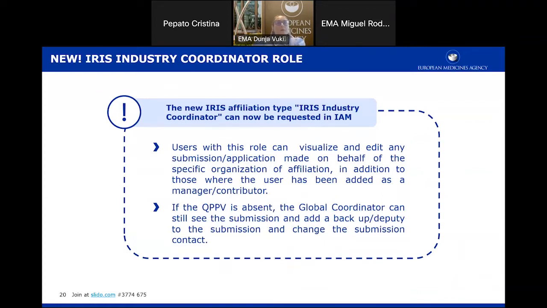If you have a new inspection, the QPPB will see the information, but also the IRIS Industry Coordinator will see this submission. So if the QPPB is absent, this coordinator can then add a backup deputy or somebody else to the submission and change the submission contact. We will kindly advise you, not just for GVP inspections, but also for GCP and GMP, to make use of this role and have a person, one or more, that can do this.